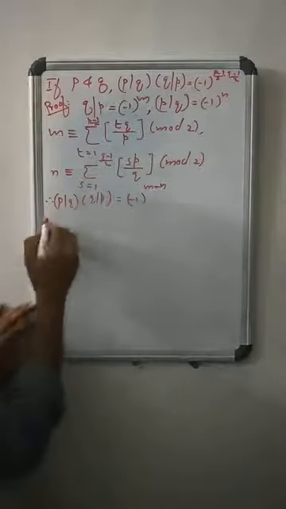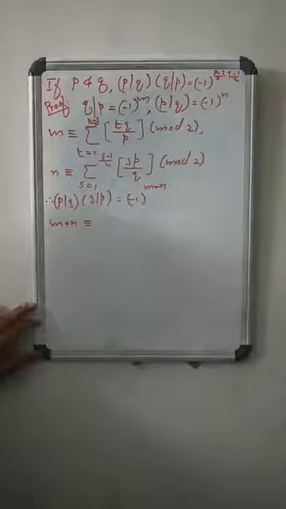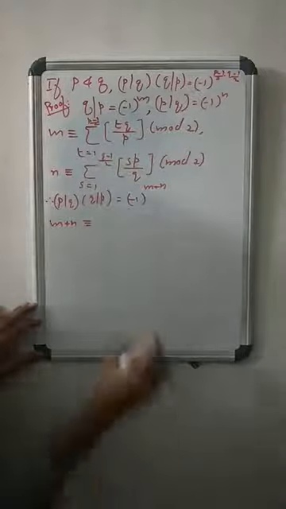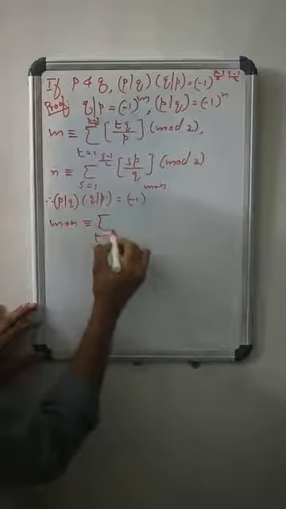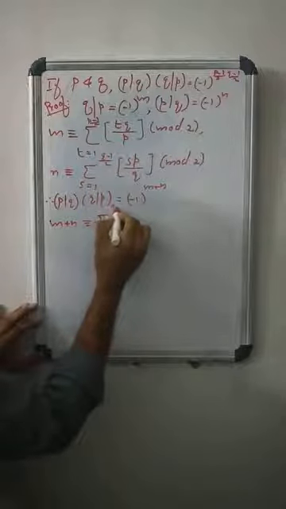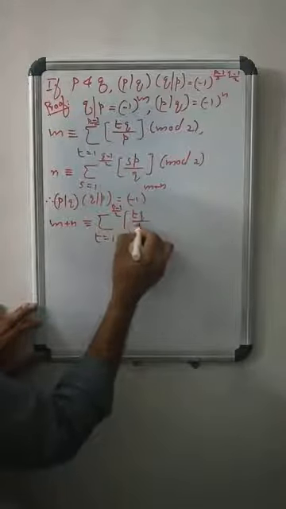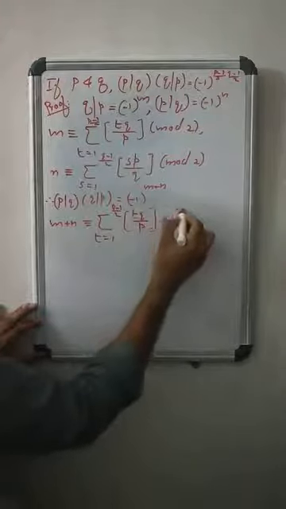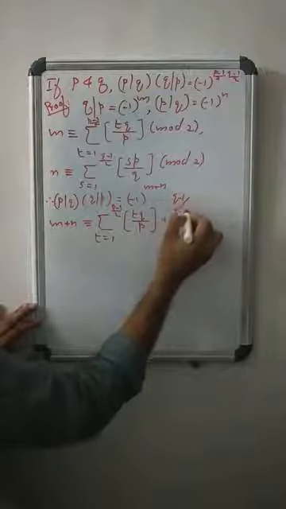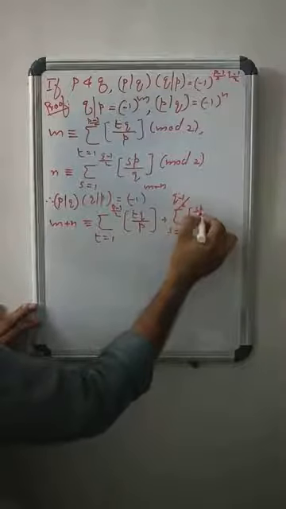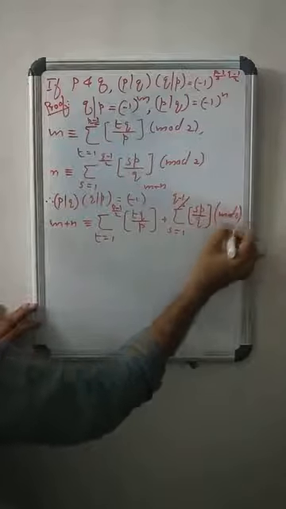What is m plus n? m plus n is congruent to the sum over t from 1 to (p minus 1)/2 of the integer part of tq/p, plus the sum over s from 1 to (q minus 1)/2 of the integer part of sp/q, mod 2. Agreed? Okay.